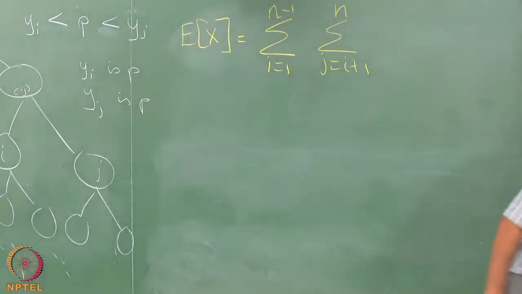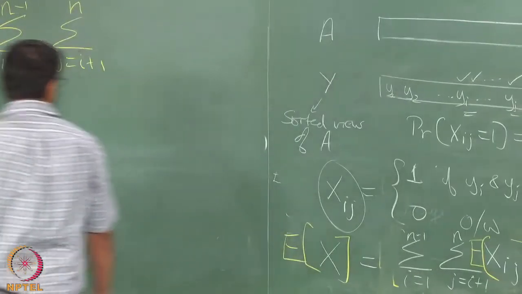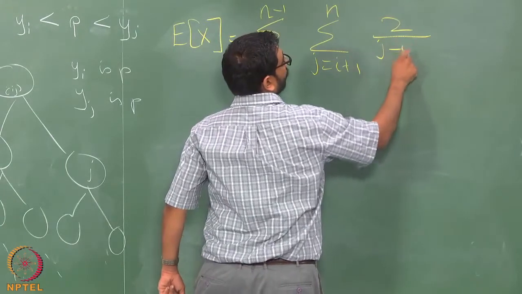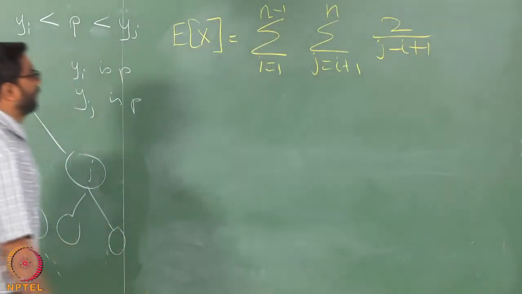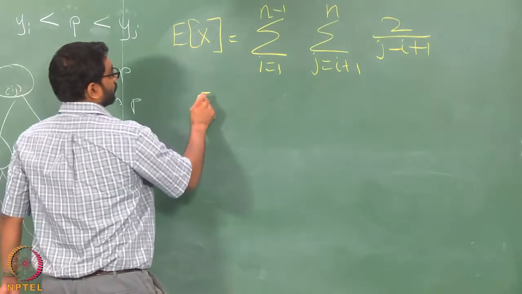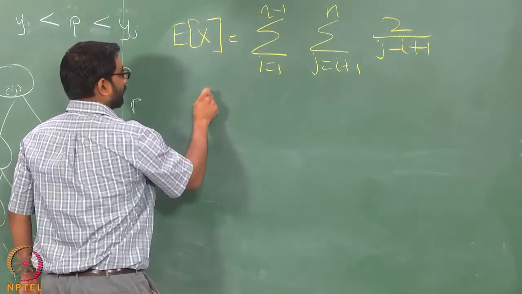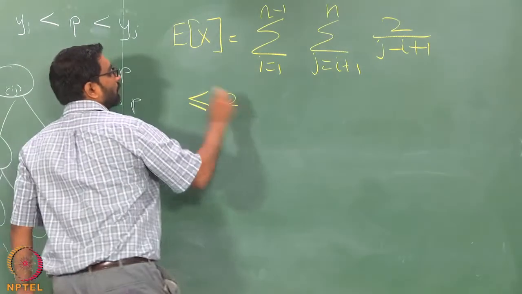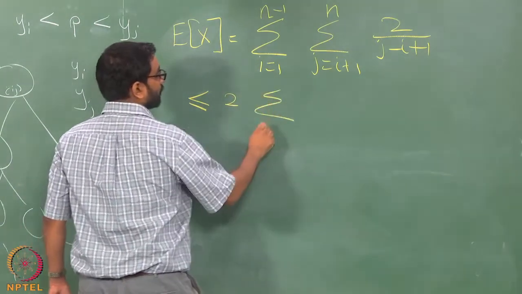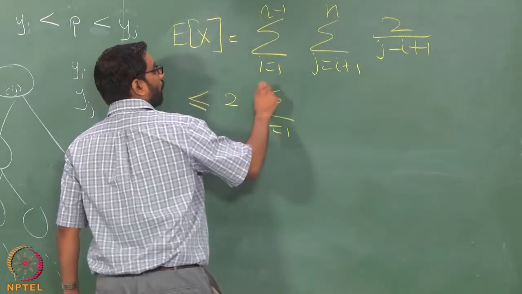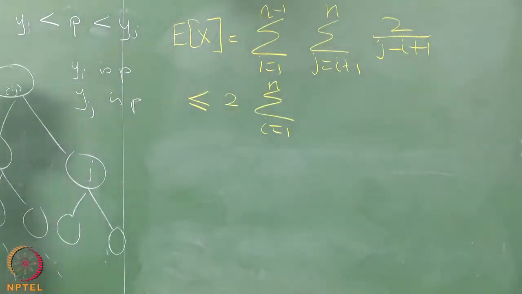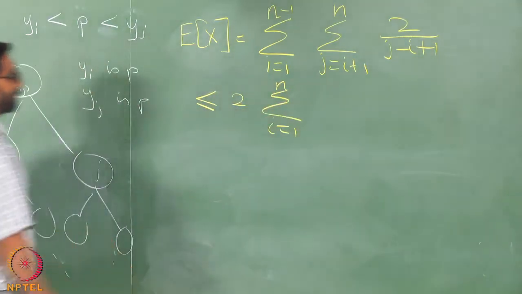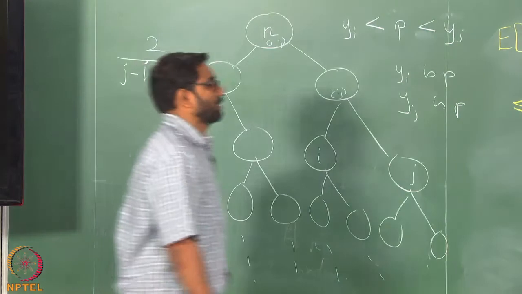Remember, E of xij is 2 over j minus i plus 1. Let me be a bit sloppy here: 2, and here I'm going to run i equal to 1 all the way to n. Now this will only increase the quantity on the right hand side, but I don't care about it. I want an upper bound on the expected running time.